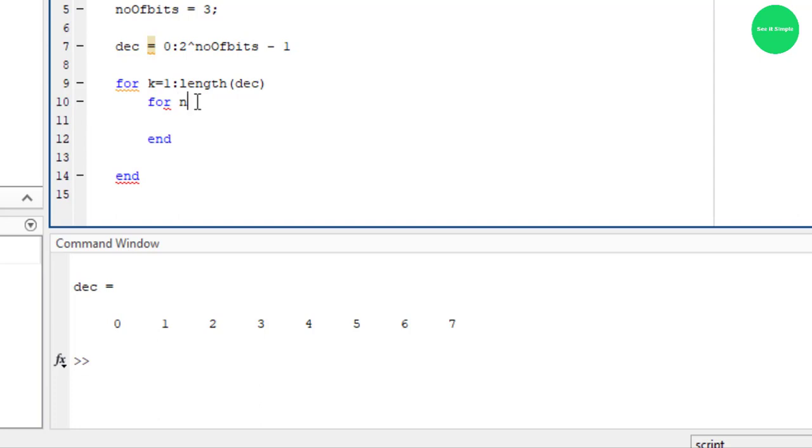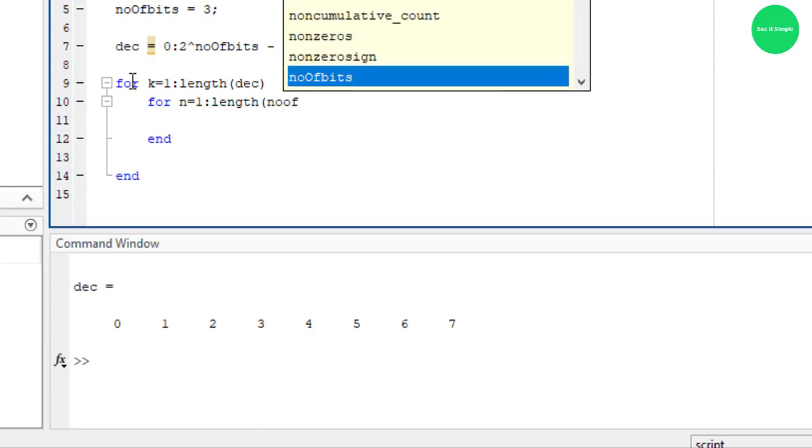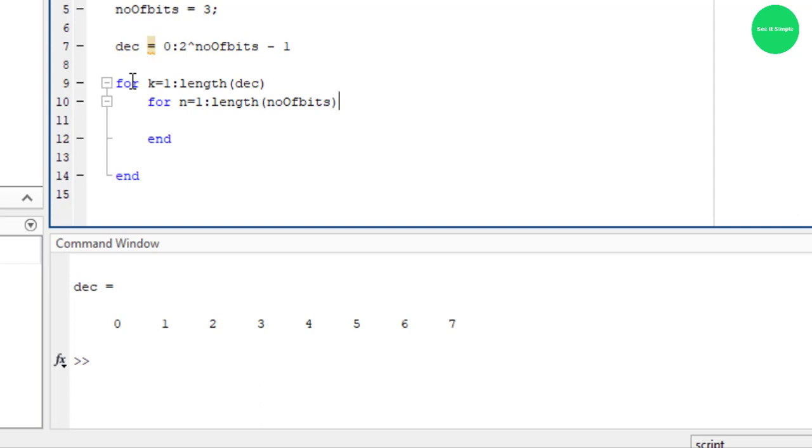Here n equal 1, then up to the number of bits. So then we have to loop inside for the 3 bits, and we have to store in an array.